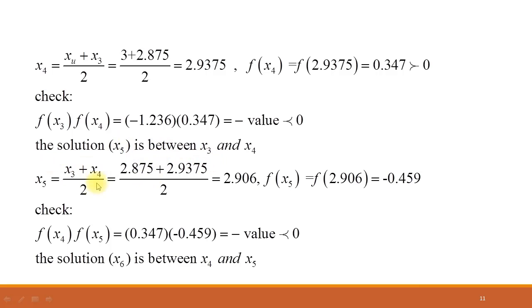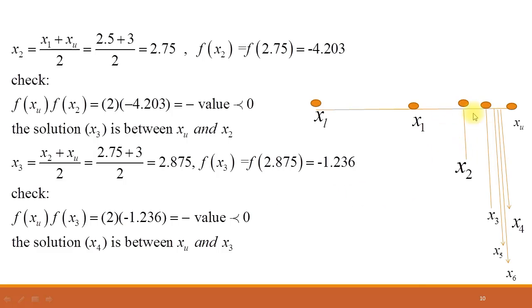So simply adding these two, x3 plus x4, divided by 2, we obtain the fifth root, 2.906. Now dear students, you see the chart here. Suppose we have two initial roots xl and xu. Since the function has opposite sign at xl and xu, x1 lies between xl and xu.